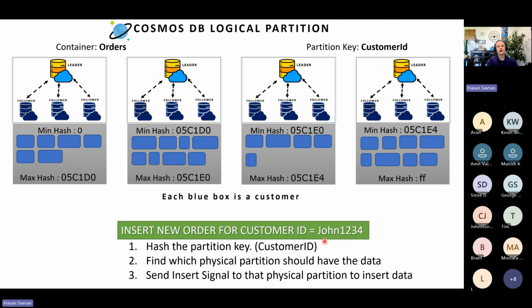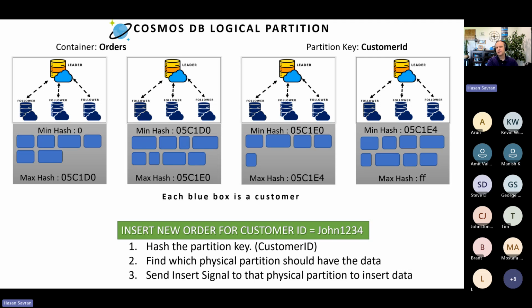By doing that, it knows where this partition key is going to be. The hash number might be in between these 2 hashes. That means I'm going to take this data and send it right here, because the range of the hash is meeting here. So that's how we insert the data.